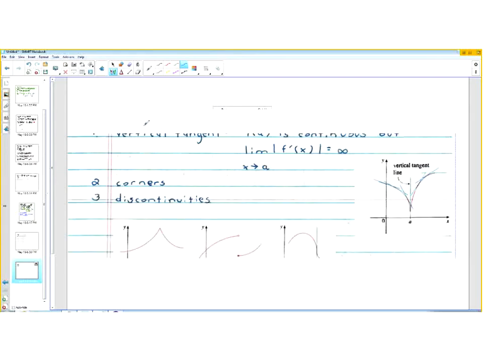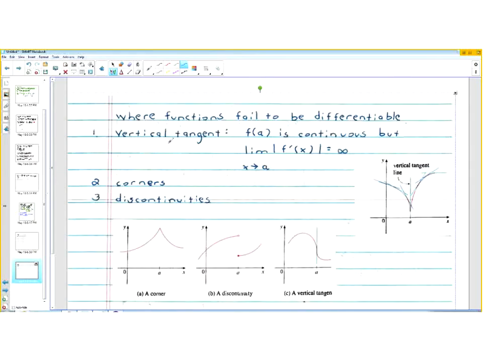Okay, so functions can have vertical tangents. We'll discuss this later in the class, and we'll graph some functions with vertical tangents. But a vertical tangent is a function that exhibits this property. Although it is continuous, the limit as x approaches a of the derivative is infinity. Now this is not the absolute value, okay?